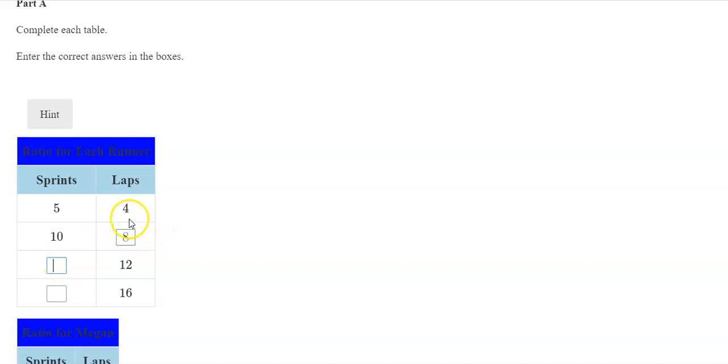Then I have 4 times 3 is 12. 5 times 3 is 15. 4 times 4 is 16. 5 times 4 is 20.